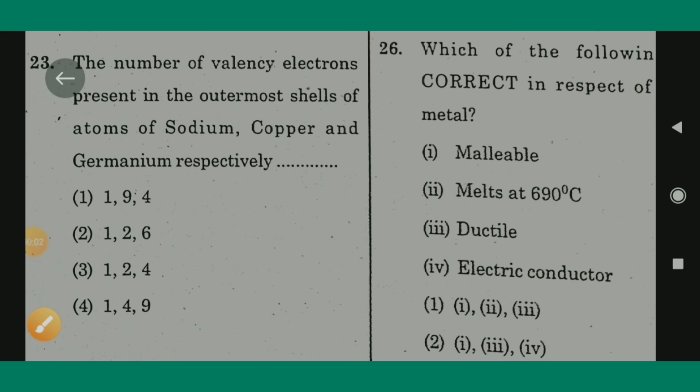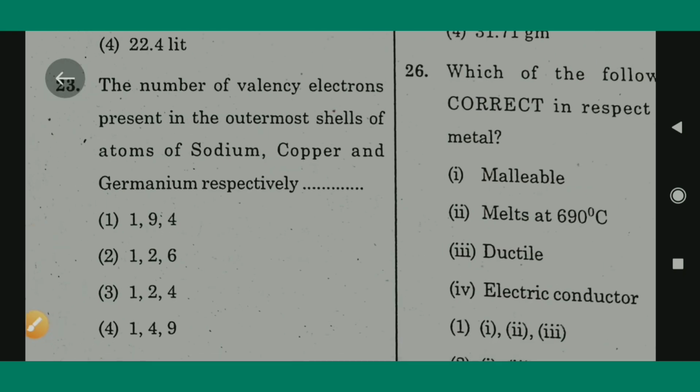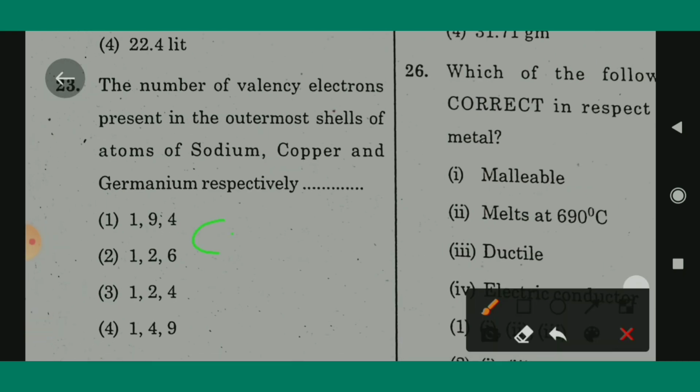The electronic configuration of copper is 1s2, 2s2, 2p6, 3s2, 3p6, 4s2, and 3d9.